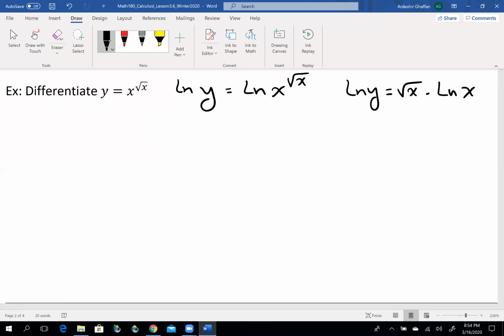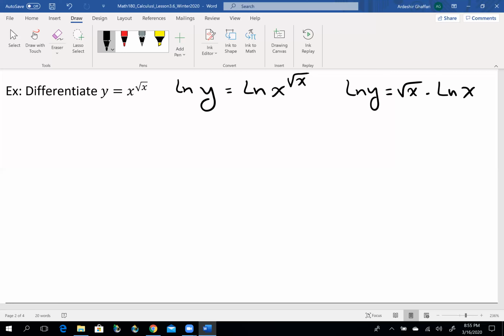So now I'm going to take a derivative of both sides. Let's start with natural log of y. If I take a derivative of natural log of y, again, mother and then baby, because this is a function of y, and we take it with respect to x, it's going to be dy/dx.